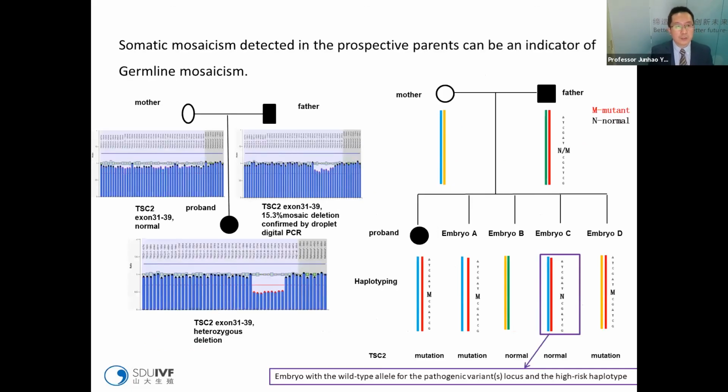So this figure shows somatic mosaicism detected in the prospective parents can be an indicator of germline mosaicism. As shown in this picture, we can find this embryo with the wild type allele for the pathogenic variant locus and the high-risk haplotype.